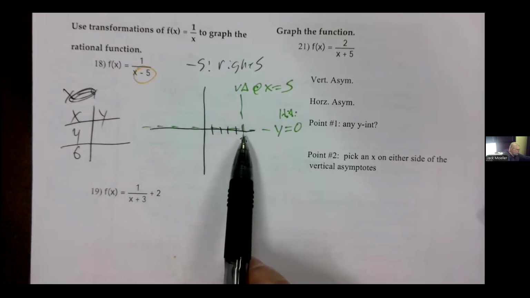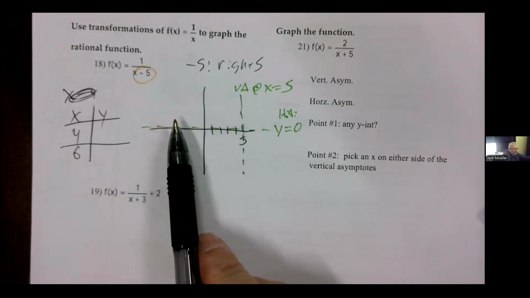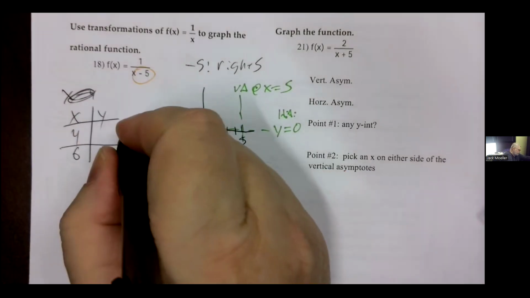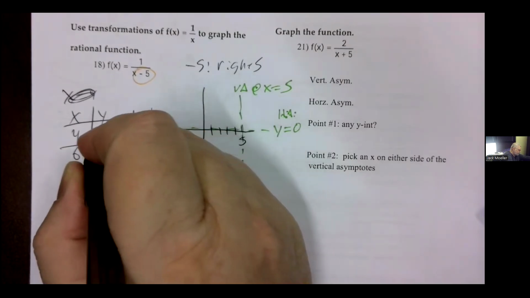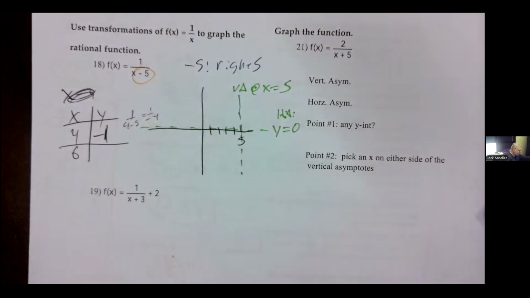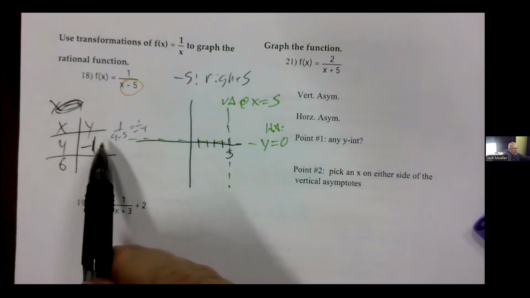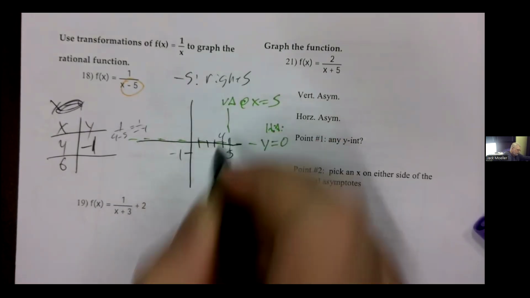That's what I do on the matching: I go to one side or the other, find the first point, see if it works, and go from there. If I plug in 4 here, 1 over 4 minus 5 is 1 over -1. So that's -1. So we're at 4, -1.